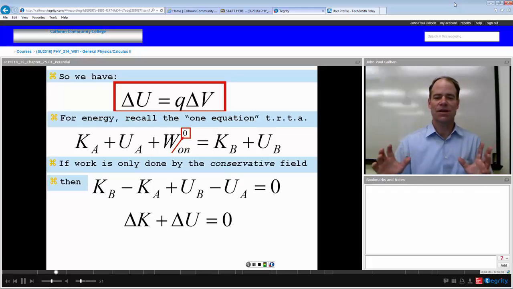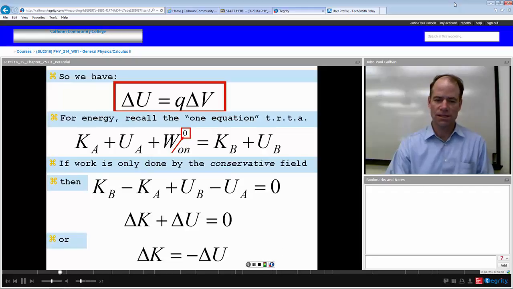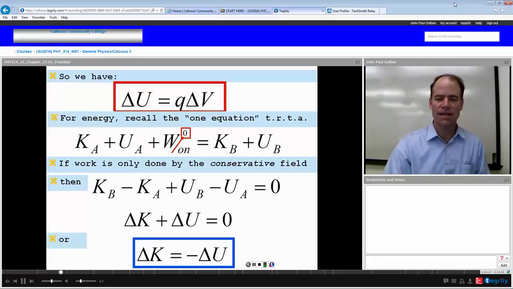This statement, a very simple statement, is really a statement of our one equation to rule them all that we want to use in an electrodynamic sense. A very simple equation, but very, very useful. And in fact, if we go one step further, we can write this as saying that the change in kinetic energy will equal the negative change in potential energy.